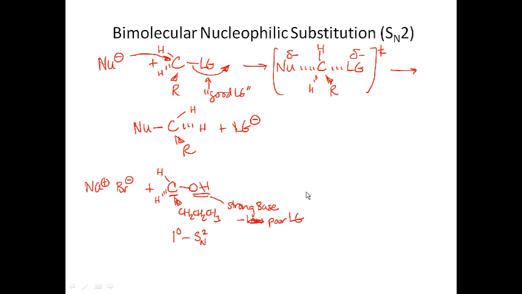Halogens are weak or even non-bases, they don't react with water, and so that makes them great leaving groups. Hydroxide is a fairly strong base, which means it's a lousy leaving group, and it actually won't leave until I do something to convert it into a better leaving group.